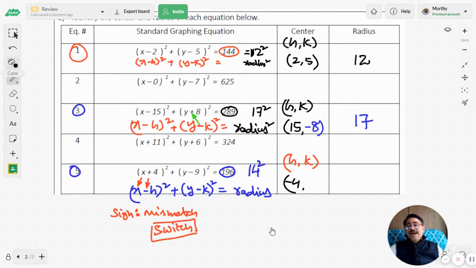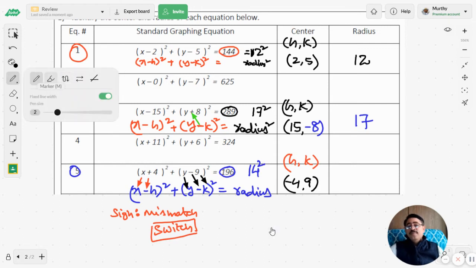Next, coming to the value of k, I see that y is matching, the sign is also matching, so no issue here. Straight away you can say that it is 9. It's not negative 9. Again, as I told you before, please pay attention here.